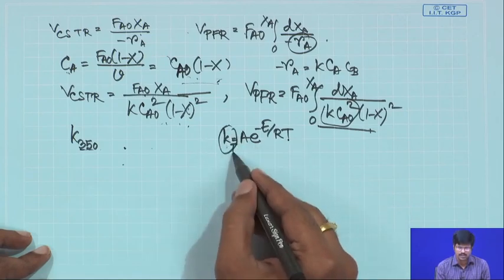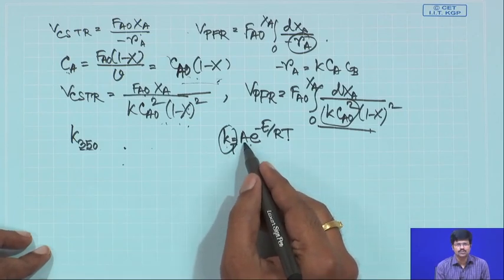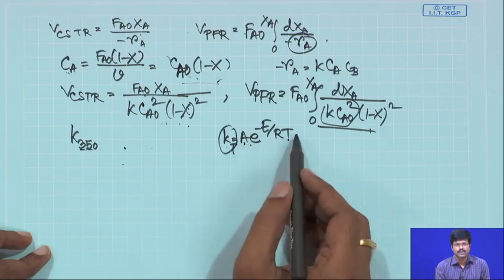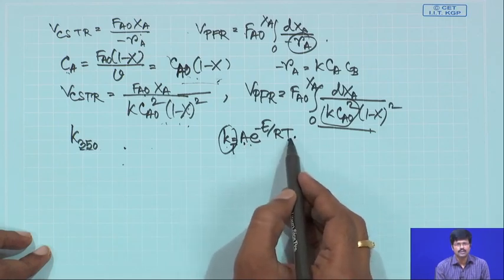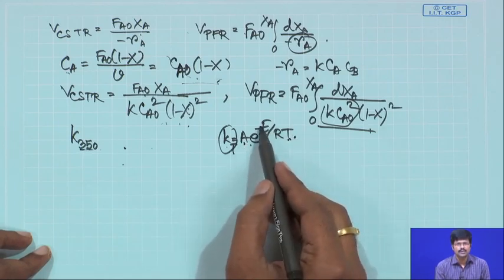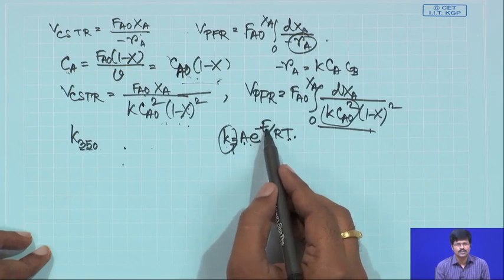Now, this value is given at 300. A we do not know, and we do not need to know in this case. T we know, for 300 degrees it will be 300, and E we know, activation energy does not change with temperature.